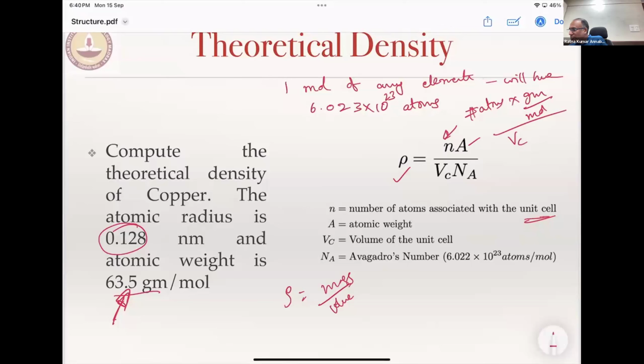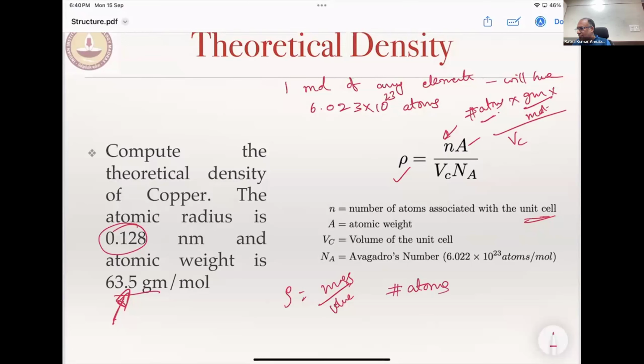What you need to find out is the mass of the number of atoms. You have the number of atoms, you have the atomic mass. So you have to divide by how many atoms are in 1 mole? 1 mole is 6.023 into 10 power 23.